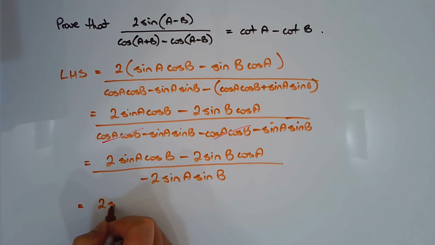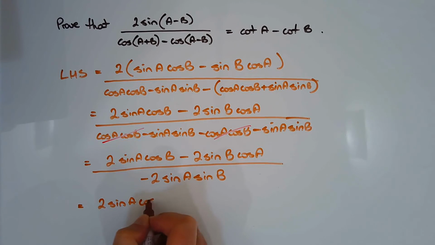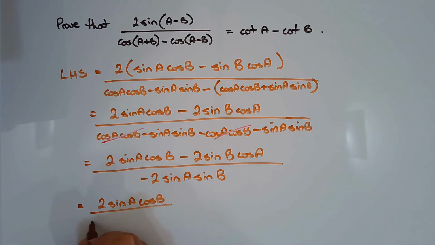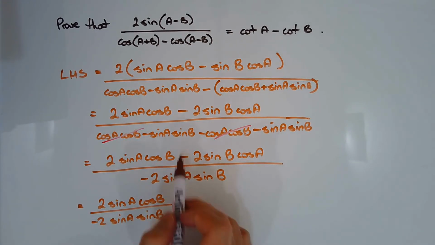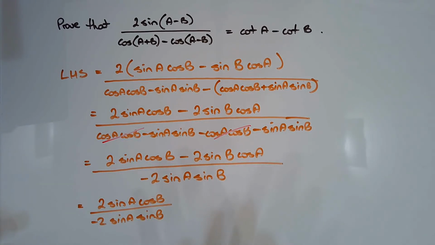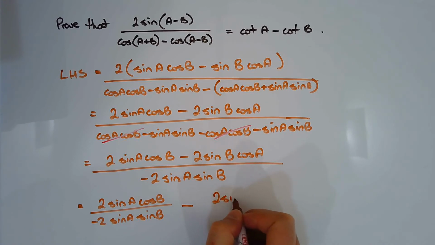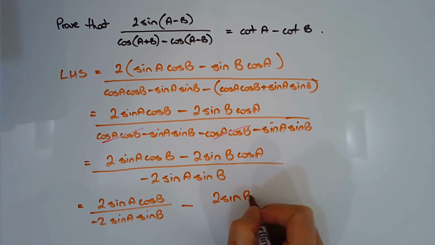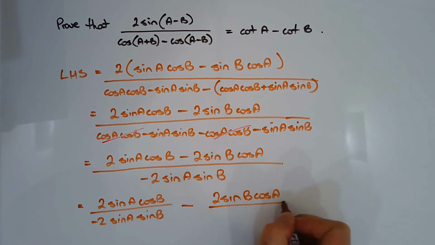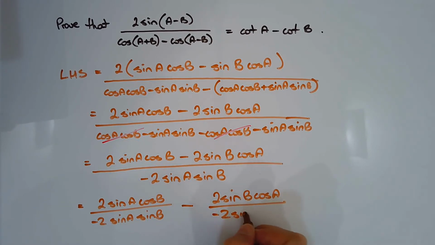So this is the same as 2 sine a cos b over negative 2 sine a sine b, breaking up the numerator into two separate fractions, and it's going to be minus 2 sine b cos a over negative 2 sine a sine b.